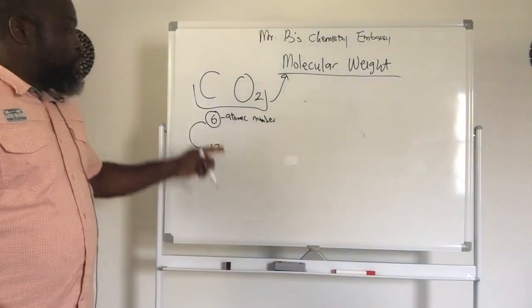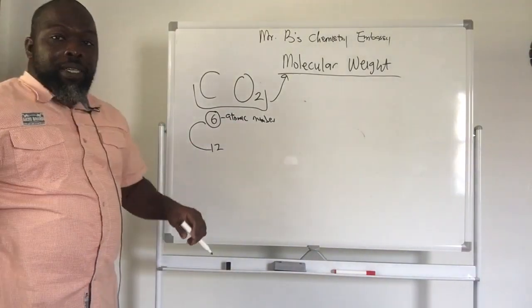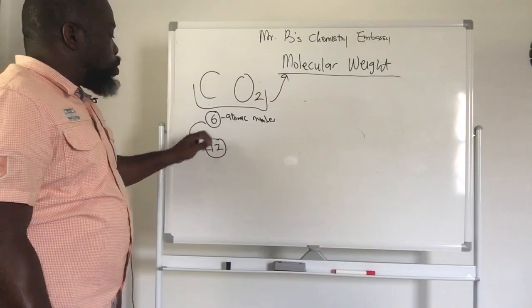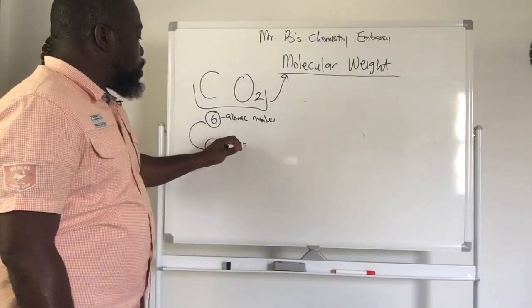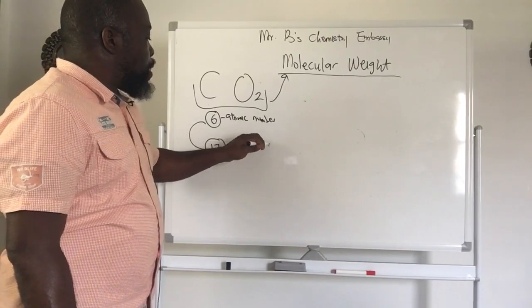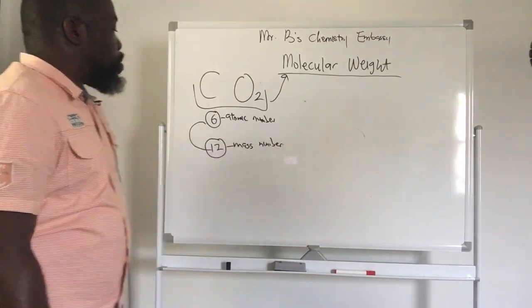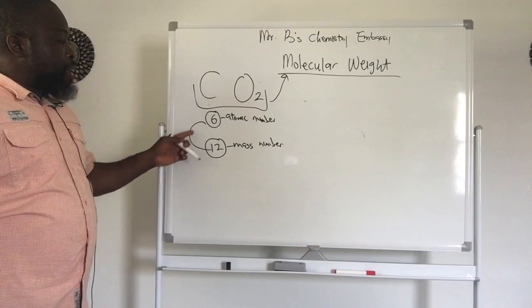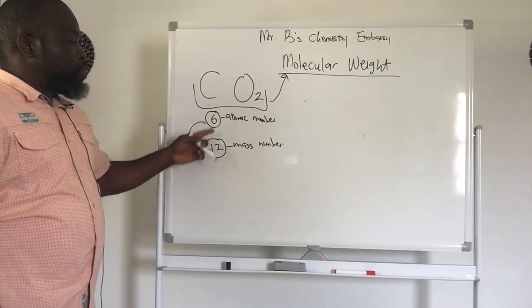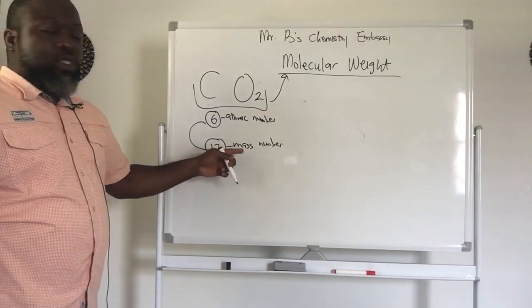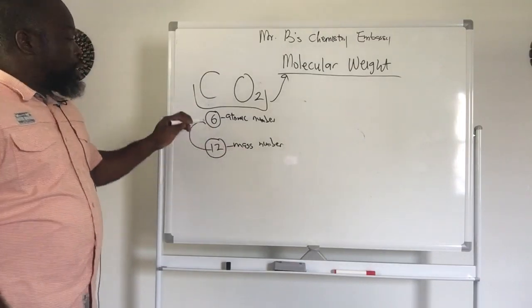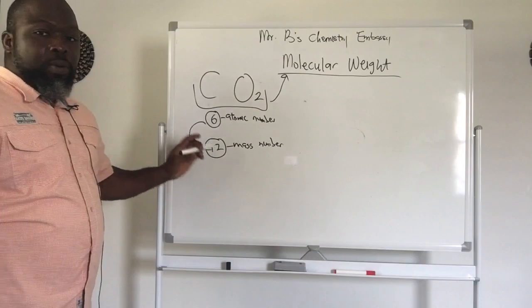Your 6 is your atomic number, and if anybody says 12 is the mass number, that is very correct as well. So your atomic number is 6 and your mass number is 12. The atomic number is always the smaller number and the mass number is always the bigger number.